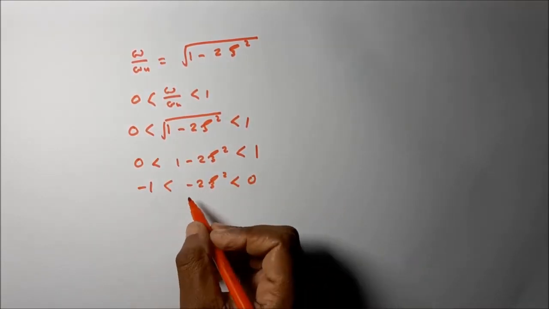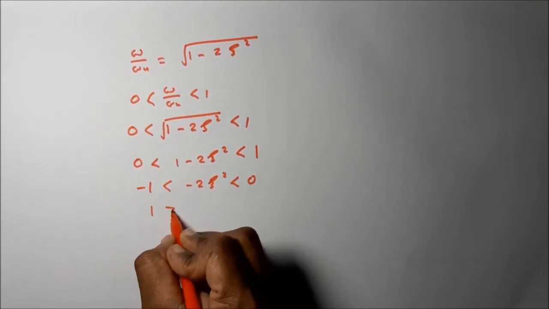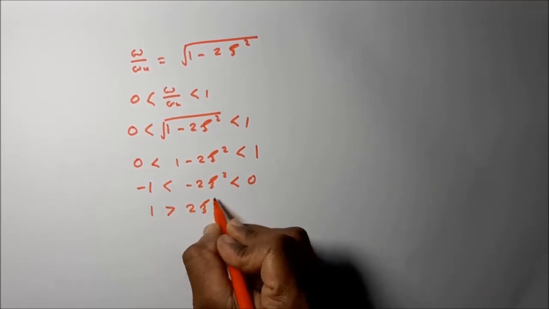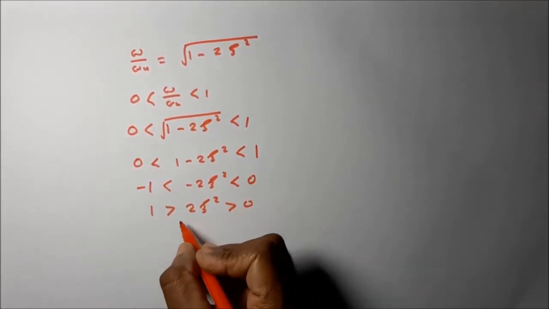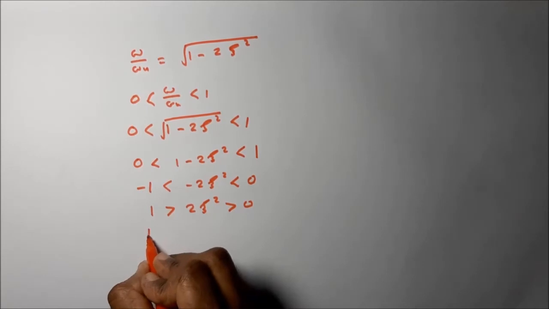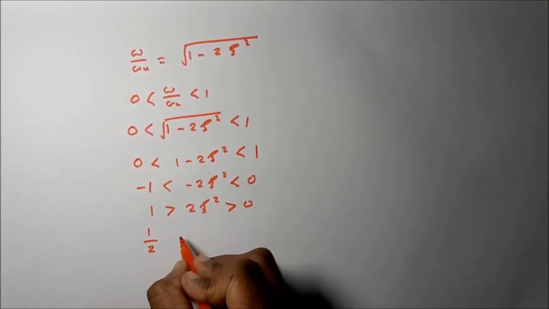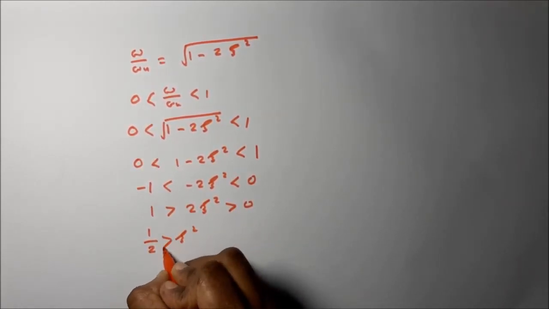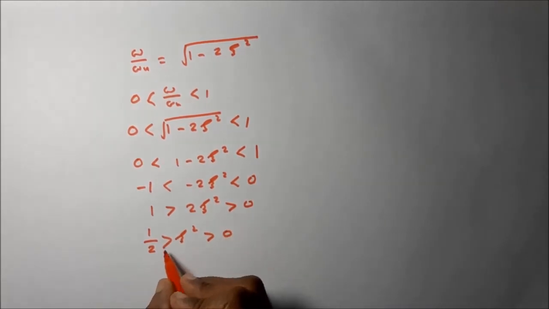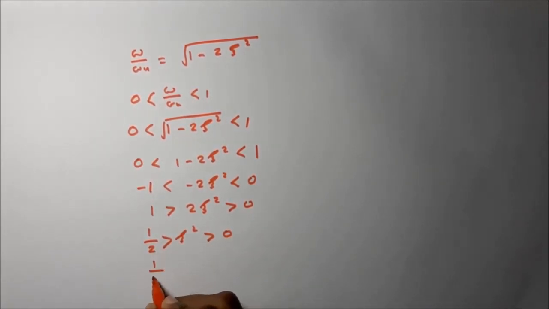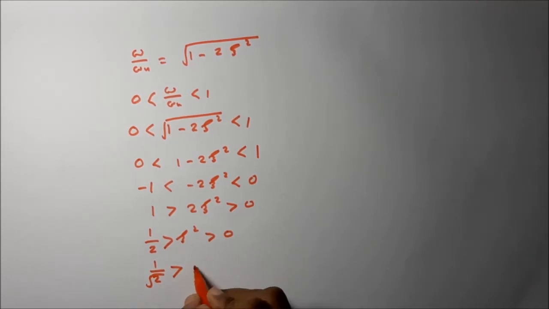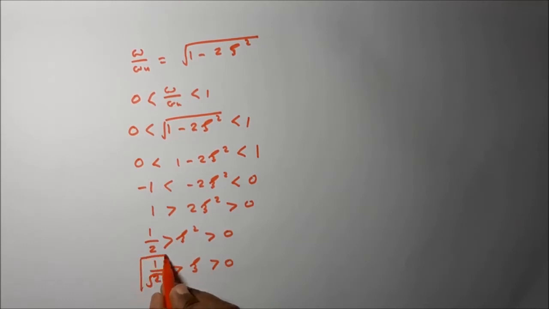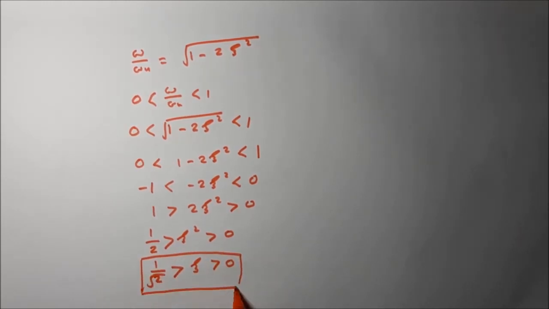Then I am going to multiply the entire equation by minus 1: 2 theta square greater than 0. So then I am going to divide by the 2, and we are getting theta greater than 0. That is one condition we are getting for this situation.